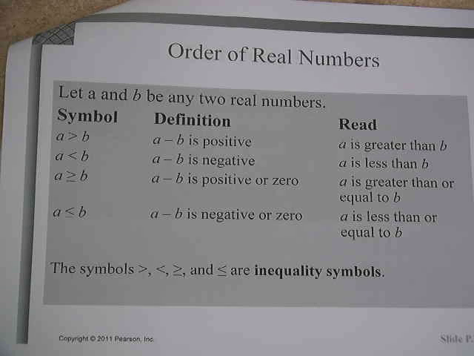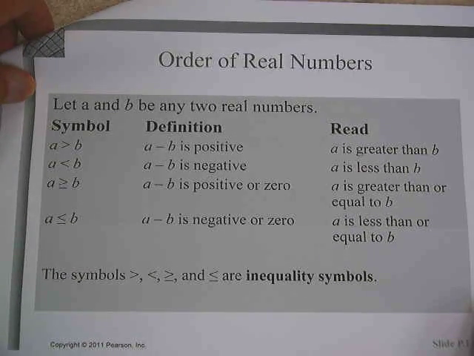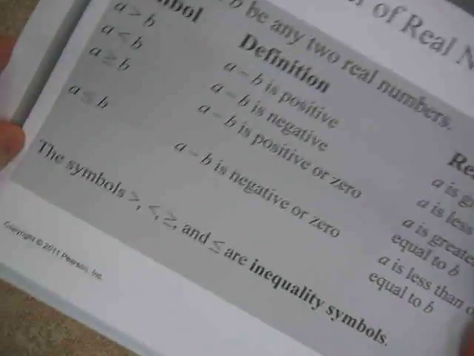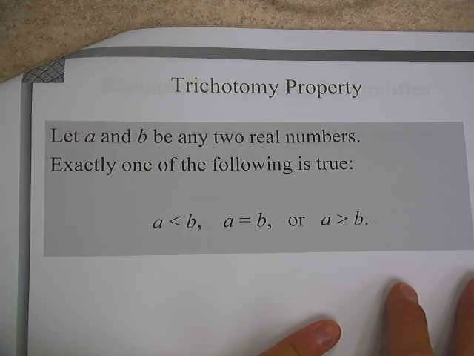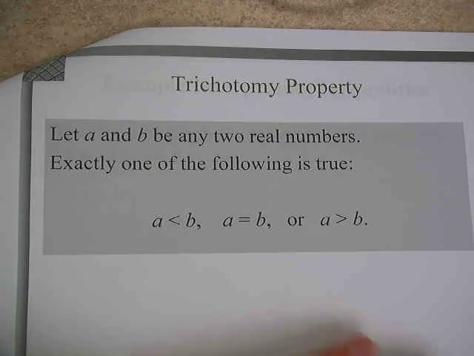If we have the arrow pointing to the left, if you will, and we read from left to right, we would say A is less than B. When we have a line under that, we remember that that's greater than or equal to, and also less than or equal to. And again, we call these inequality symbols. So hopefully much of this is already known by us, since we've already aced Algebra 2.